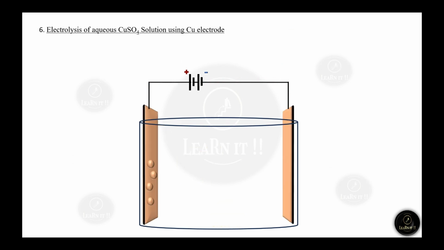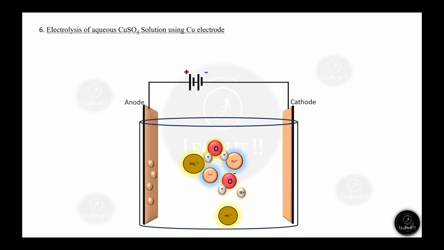Next comes electrolysis of aqueous copper sulfate solution using copper electrodes. Here the copper electrode is an active electrode which takes part in the reaction. So the copper sulfate solution contains Cu²⁺ ions, H⁺ ions, OH⁻ ions, SO₄²⁻ ions and water molecules.